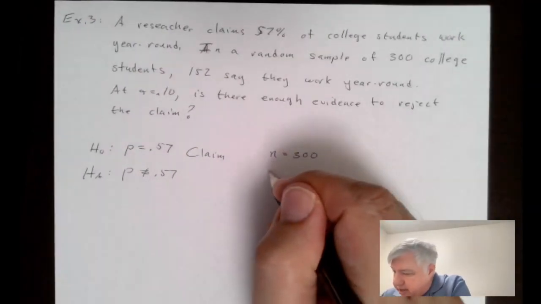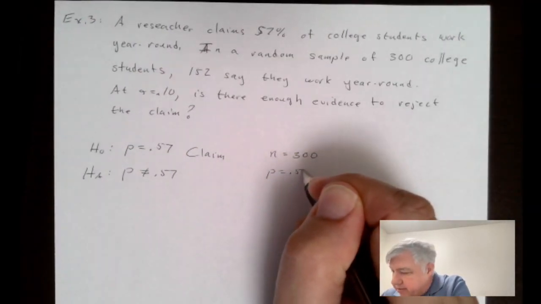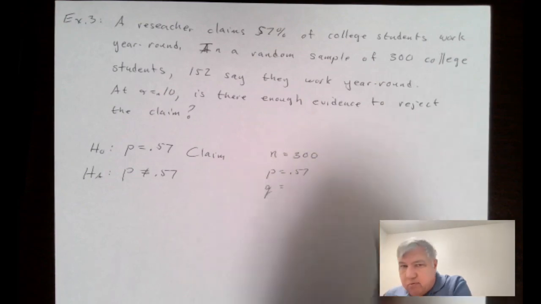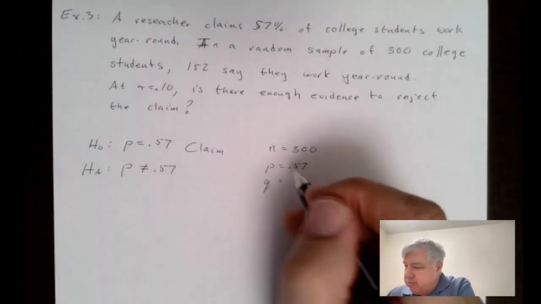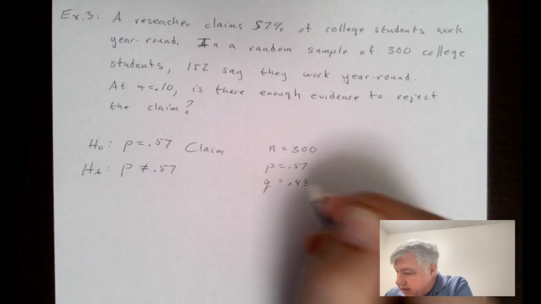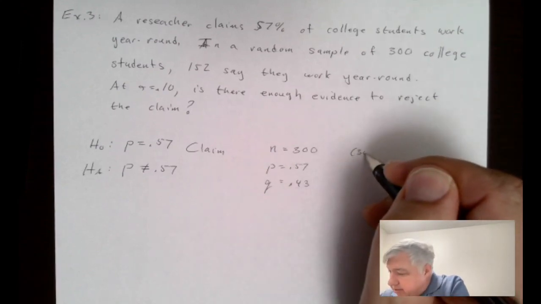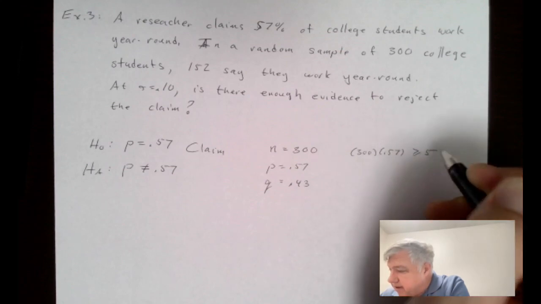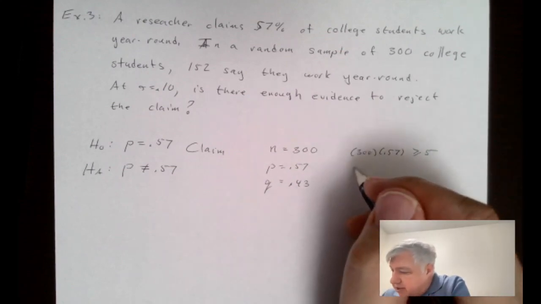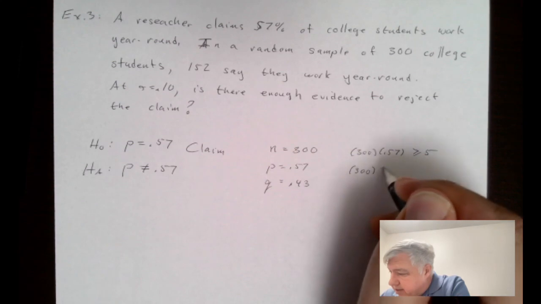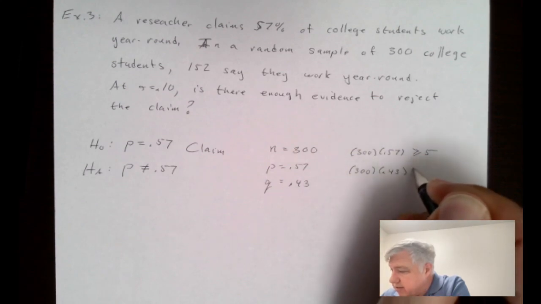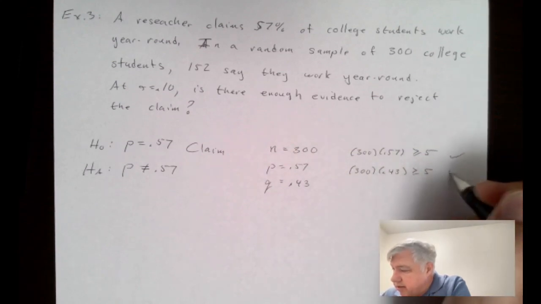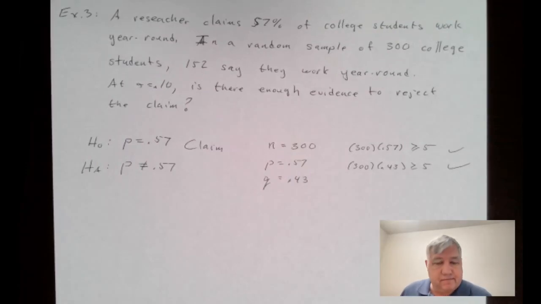And P, we just said, is 0.57, and Q would be 1 minus 0.57 or 0.43. And you can check that 300 times 0.57 is at least 5. It's way bigger than 5, actually. And so is 300 times 0.43. So we're good to go.